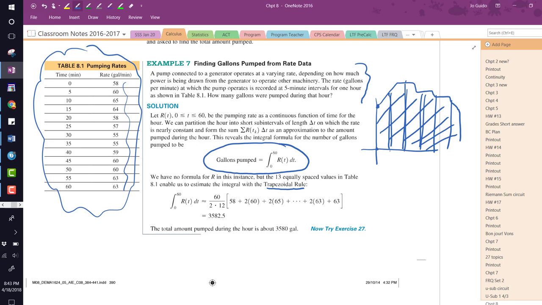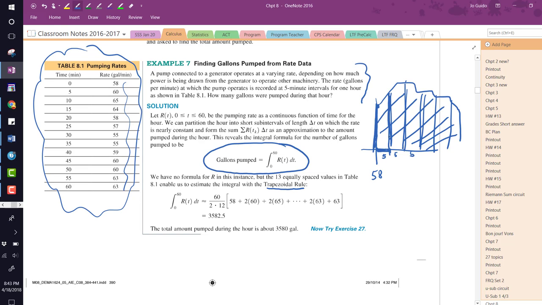So if you think about the width of each of these pieces in the trapezoid, this first trapezoid is going to have a width of, each of them is going to have a width of 5. The height of this first trapezoid is 58, right?